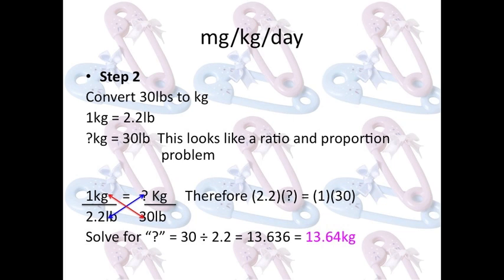So you set up your ratio and proportion. 1 kilogram over 2.2 is equal to question mark kilogram over 30 pounds. You cross multiply, therefore you get 2.2 times the question, or x, and this is equal to 1 times 30. If you solve for the question mark or for your unknown, 30 divided by 2.2 is equal to 13.636, which in this case we will round up to 13.64 kilograms.